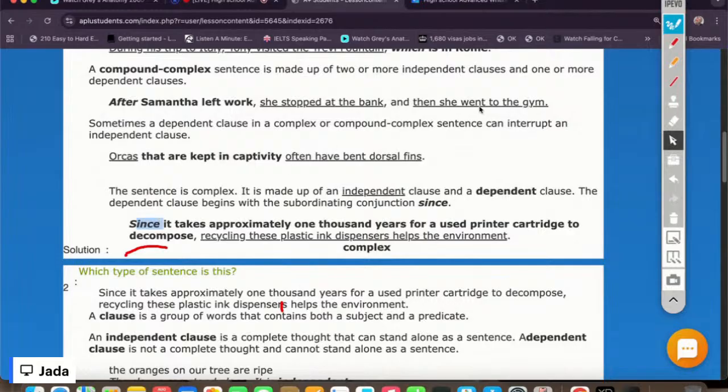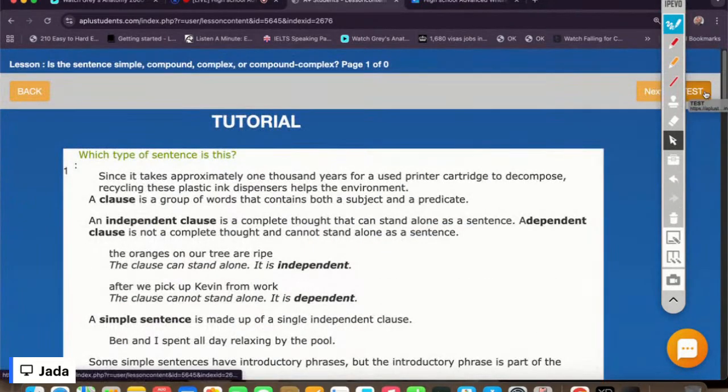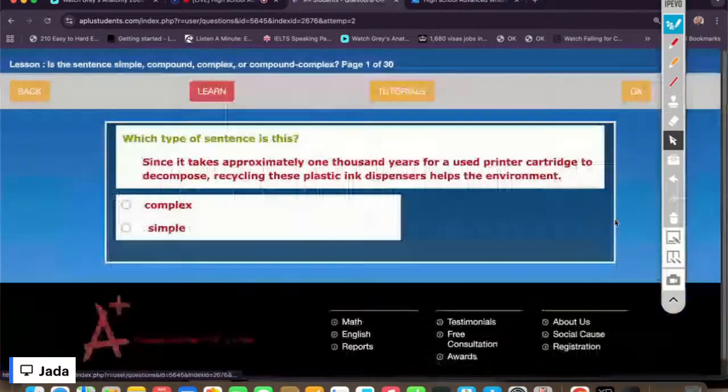So we have the complex since it's starting with since and then since is what, subordinating conjunction. Okay, so let's move on to the test.